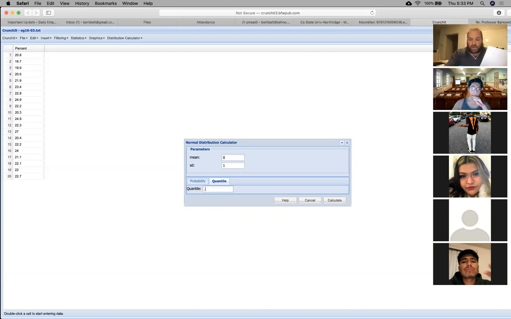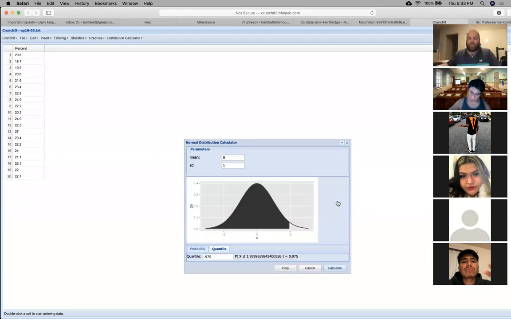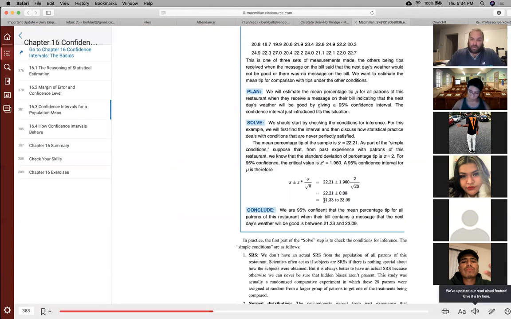So if I put in 0.975 on Crunch It and I tell it to calculate, what number does it give me? Here's Z. 1.96 if you round. Yeah, exactly. 1.959963984500536, if I really wanted that many decimal places. But they rounded to 2 decimals, and that's where they got 1.96 from.